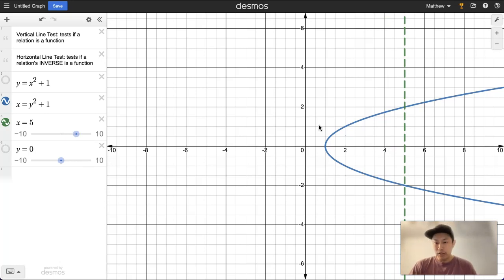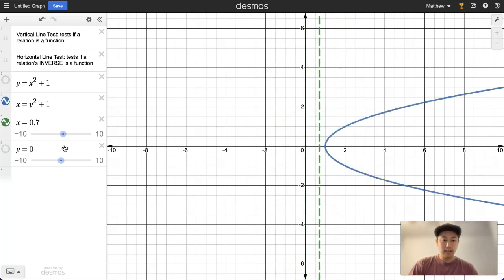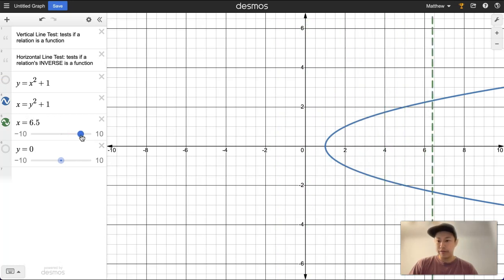It fails the vertical line test, so this inverse is not a function, even though the original relation is a function. But once I invert it, the inverse is not a function because it fails the vertical line test. So this is what we have to do.